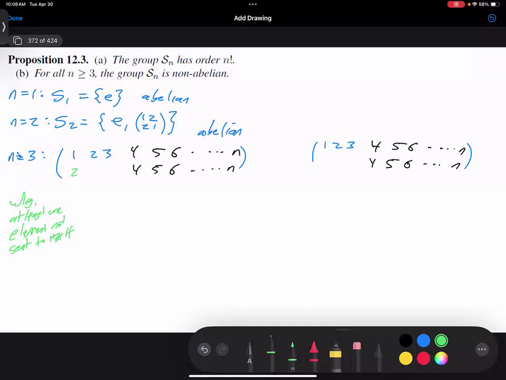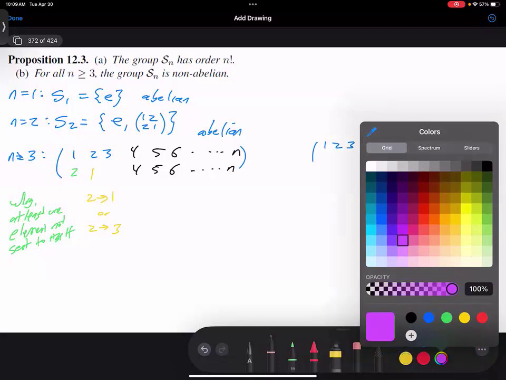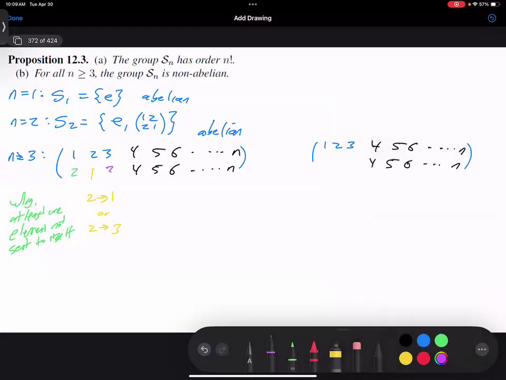So once I send 1 to 2, how many possibilities are there for what 2 gets sent to? Where can 2 go to? So I have 2 possibilities. Either 2 goes to 3, in which case I have a cycle, or 2 goes to 1 and 3 is left alone. Let me try sending 2 to 1, and then keeping 3 to itself.